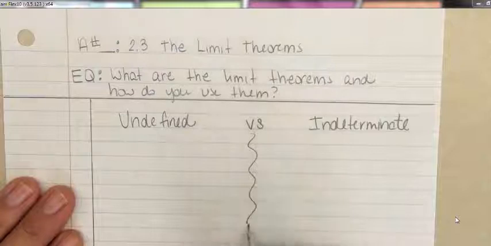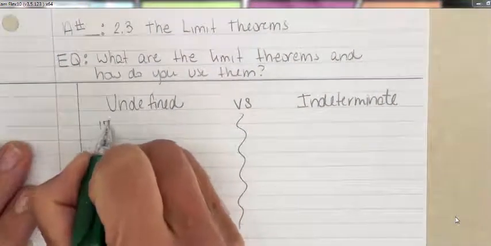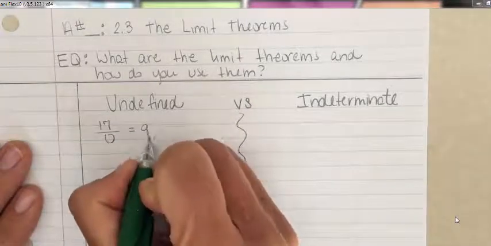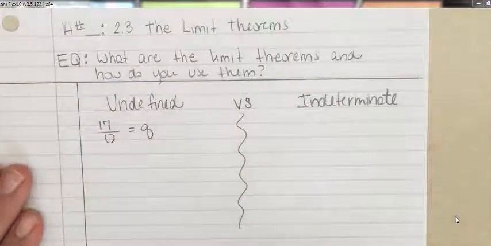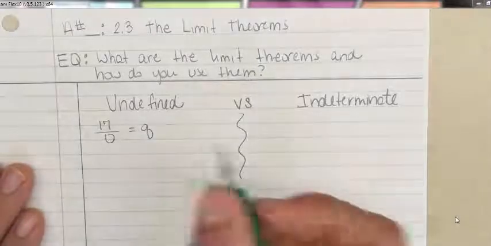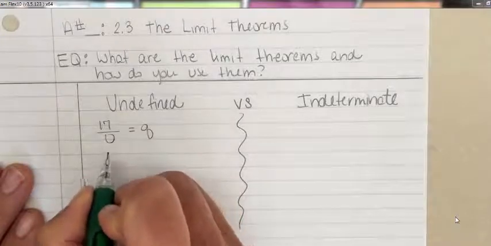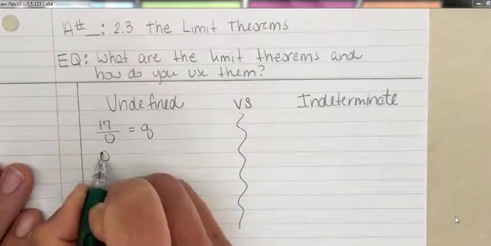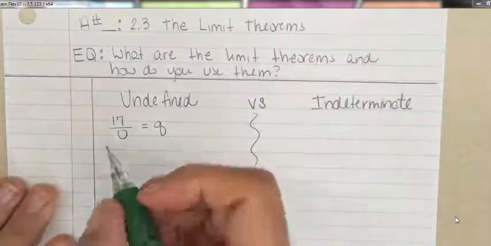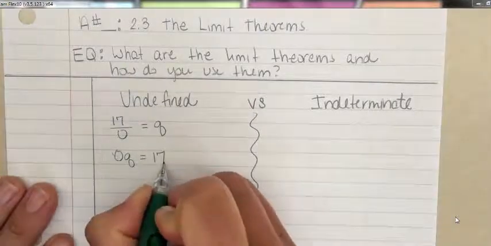So here's an example of something undefined. If I take 17 and divide it by 0, that is undefined. Now I'm going to set that equal to Q, and I'm going to show you why it's undefined. I'm going to use cross multiplication because I have proportions here. Basically I end up with 0 times Q, I should use a capital Q because my lowercase q's are awful, equal to 17.